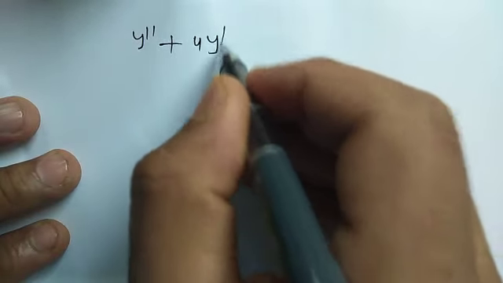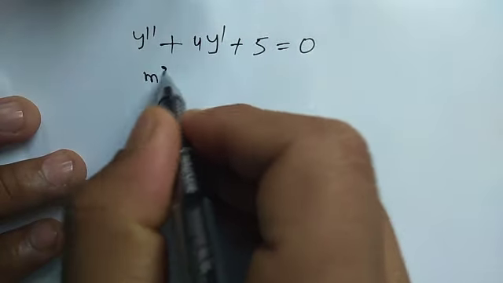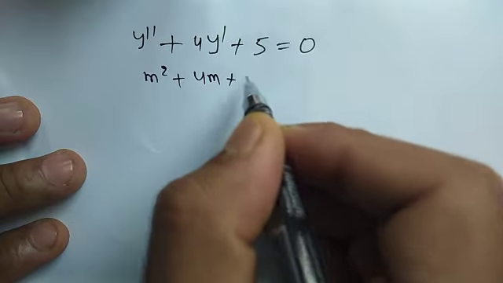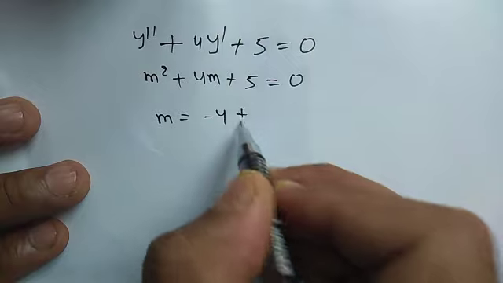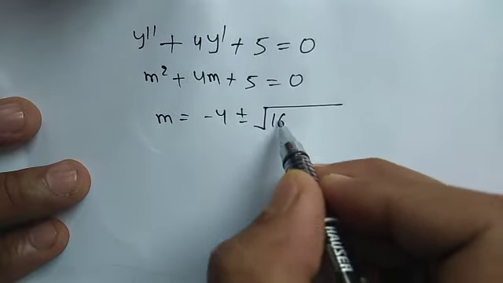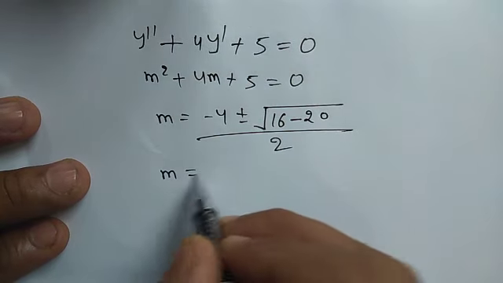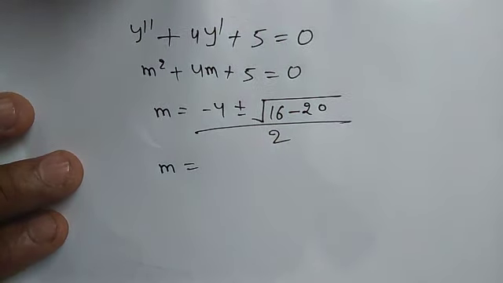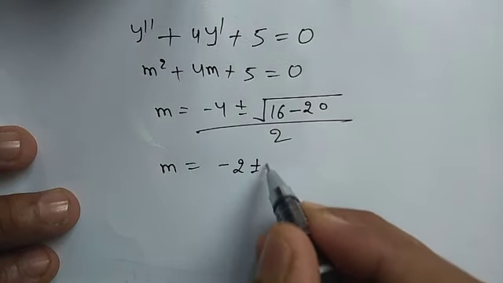Let us take the last example, y double dash plus 4y dash plus 5y equal to 0. The auxiliary equation is m square plus 4m plus 5 equal to 0. The roots will be m equal to minus b plus minus square root of b square minus 4ac, by 2a. So your m will be minus 2 plus minus i.